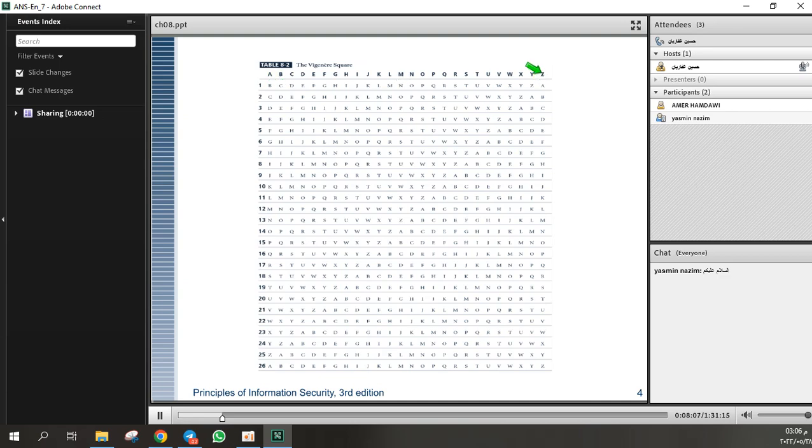Z is replaced with A. In substitution pattern 2, we start from C. In 3, we start with D, E, F, G, H, and so on. And the last row starts from A, B, C, D. You know, we have 26 different substitution patterns.